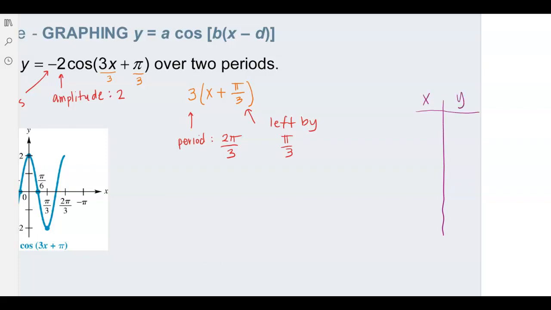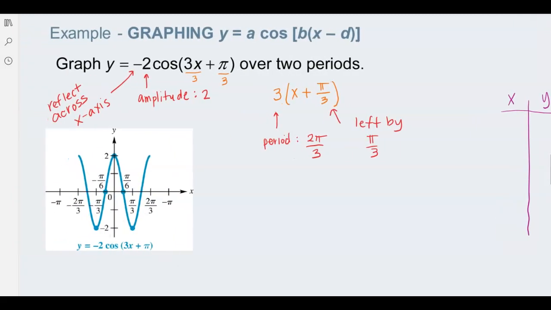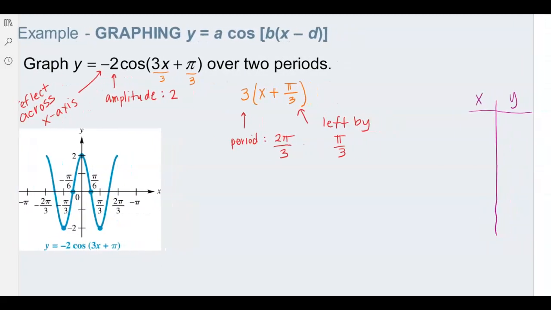All right, first let's talk about the x values. We normally would start at 0, and we would go to the end of the period, which is 2 pi over 3, right? So I'm going to start at 0, and I'm going to go to 2 pi over 3. The halfway point between those would be pi over 3. The halfway point between those would be pi over 6.